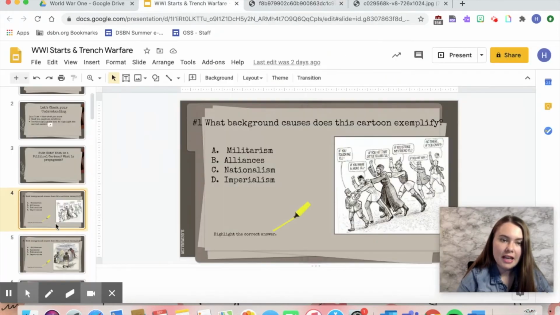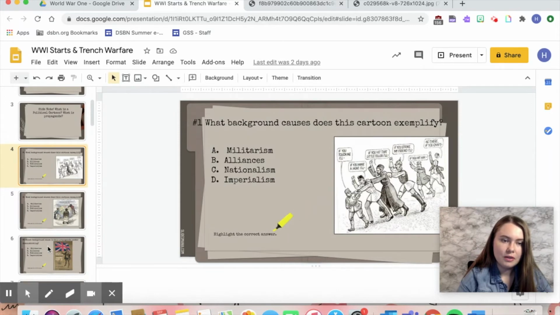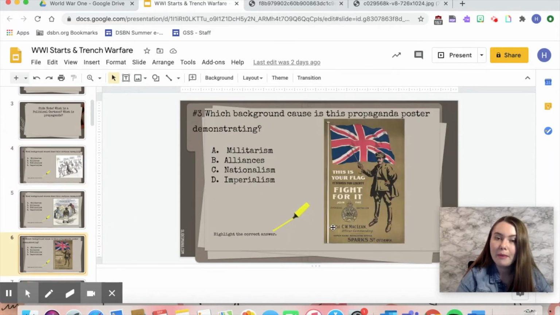The next one that you're going to examine is an example of a propaganda poster. Propaganda is essentially the spreading of ideas, and it's very one-sided. It's the spreading of ideas to convince others of your idea. So if you are very pro-World War I or pro-war, you are going to create what are called propaganda posters, essentially advertisements that are going to try to convince others to be on your side.